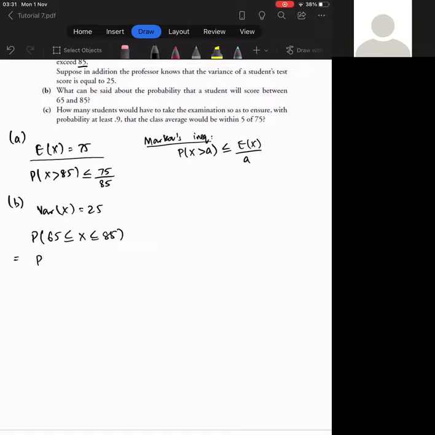We know the variance, we know the mean. This hints towards the Chebyshev inequality, and we can use that as follows.